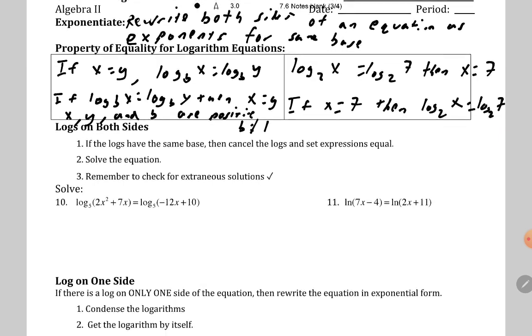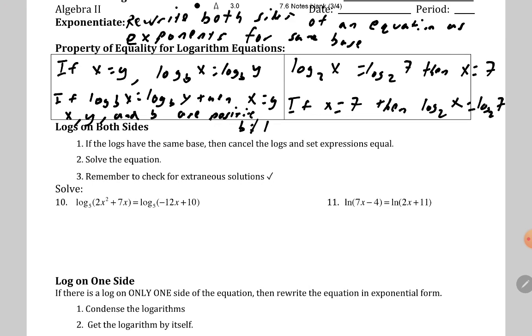Alright, so if you have logs on both sides of the equation, if they have the same base, then you can cancel the logs and set the expressions equal and solve the equations. Remember to check for extraneous solutions.